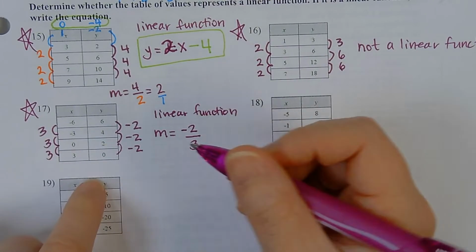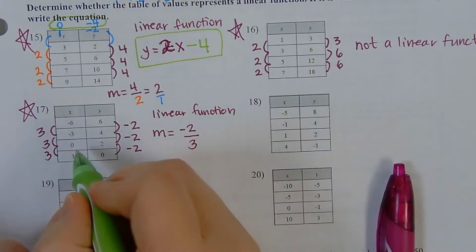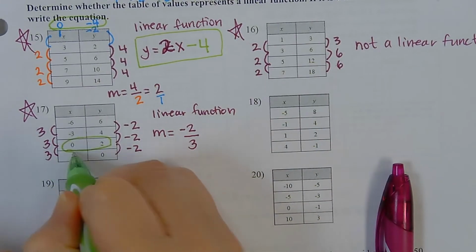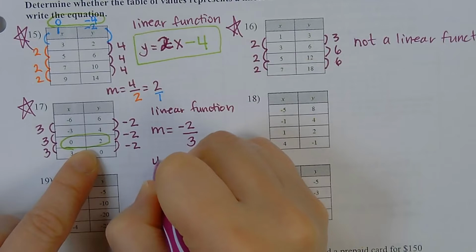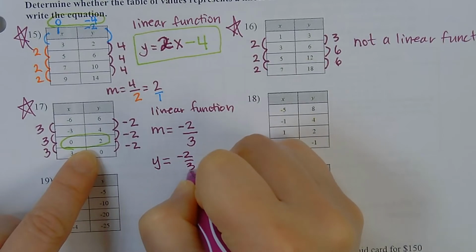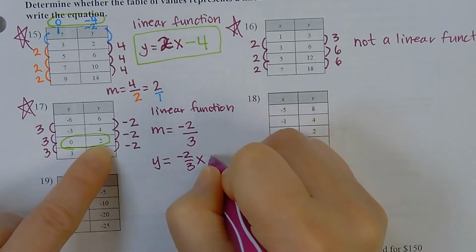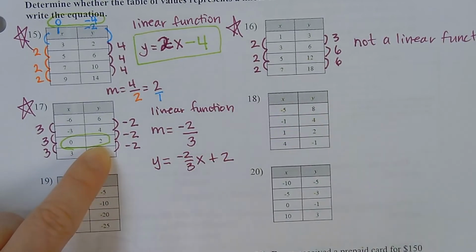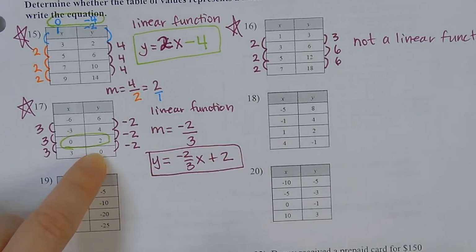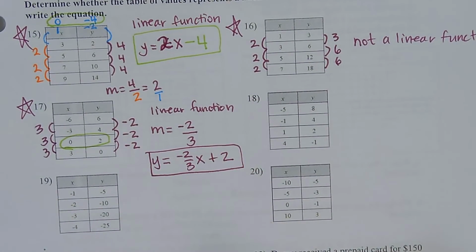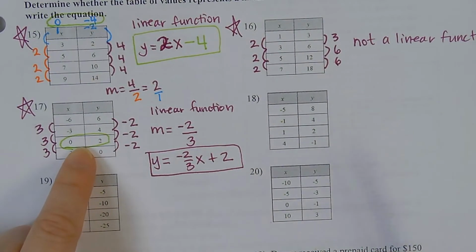And oh, look what we have. The y-intercept, we don't have to calculate it out. Happy days, right? Already there given for us. So y is equal to negative 2/3 x, and then plus 2. There's our equation. No other calculations needed because the y-intercept is already given for us.